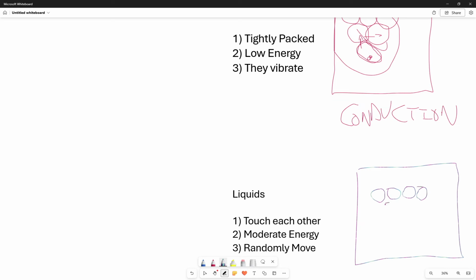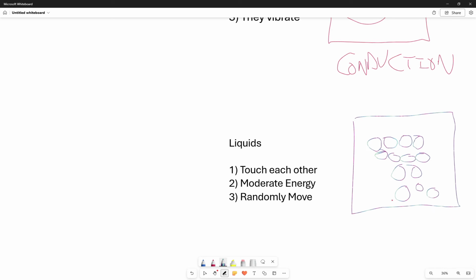But they have enough space between them. So some may touch, some may not. So this is a liquid. And there are some spaces between them, so energy can pass, and if heat is applied, they'll randomly move.